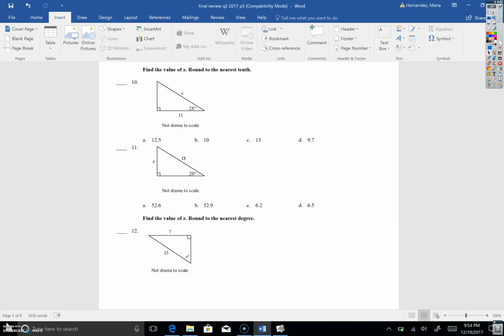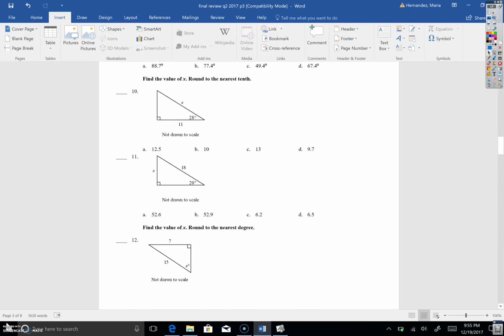If you look at it, we have adjacent and hypotenuse, so we're going to use cosine. So cosine of 28 is equal to adjacent, which is 11 over the hypotenuse x.